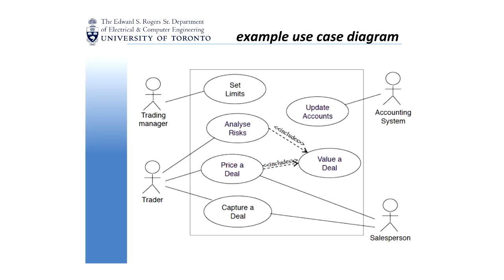The ovals located inside that boundary are the use cases, representing the distinct set of features or functions the system provides to these actors. In the specific brokerage scenario, the functions include set limits, analyze risks, price a deal, capture a deal, update accounts, and value a deal.